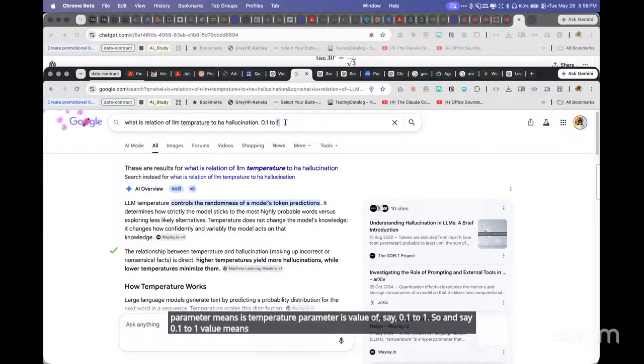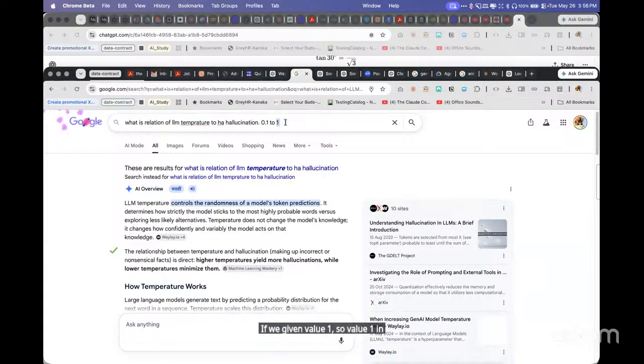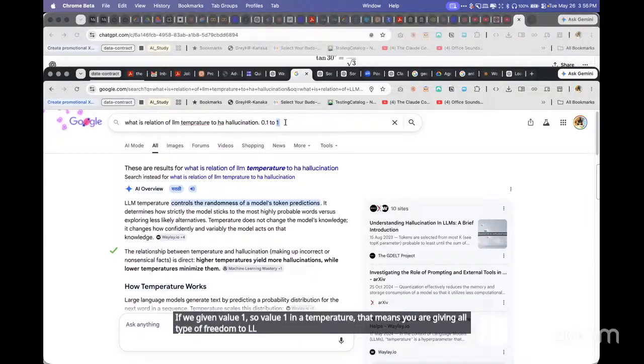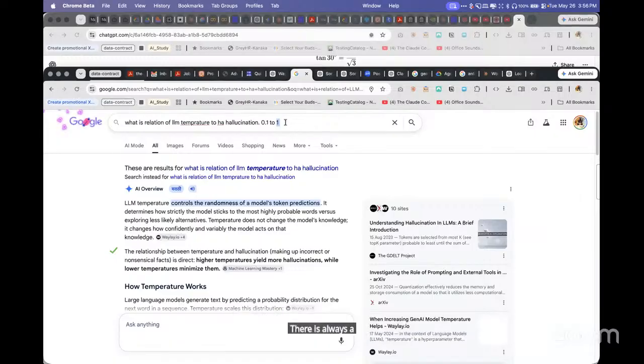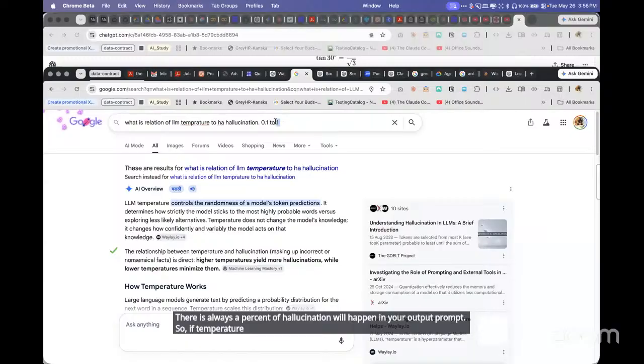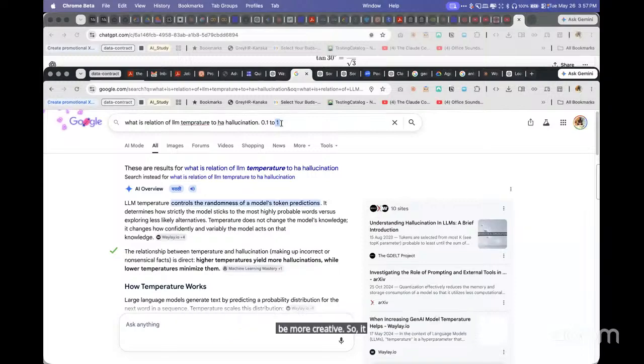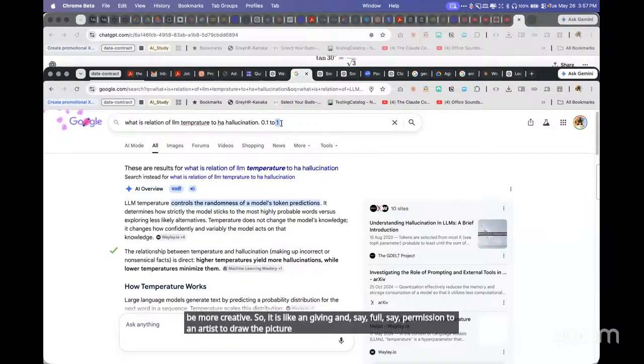If we give value 1 for the temperature, that means you are giving all types of freedom to the LLM to think creatively. And when you give freedom to the LLM, there is always some percent of hallucination that will happen in your output. So if temperature is 1, that is an open invite for the LLM to hallucinate or be more creative. It is like giving full permission to an artist to draw a picture in terms of their imagination.